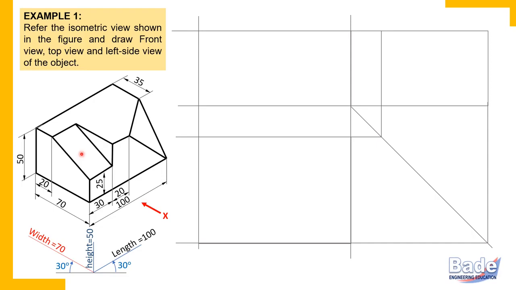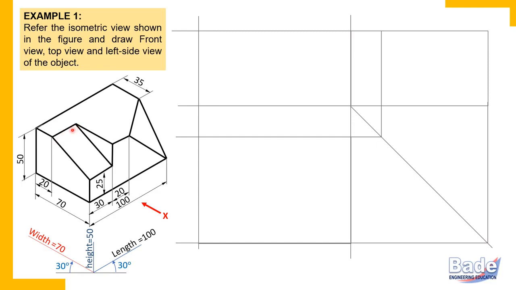A principal surface has two perpendicular principal edges, and this surface doesn't have two perpendicular principal edges. But this surface has at least one principal edge. This edge is perpendicular to PP.